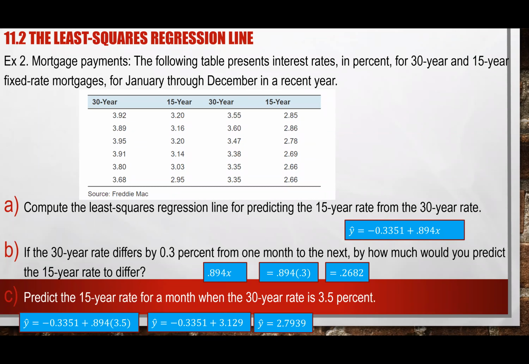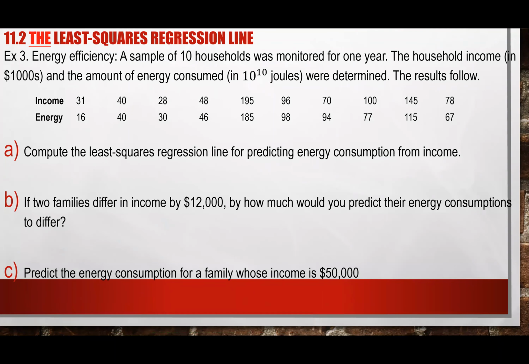So first of all, the question with this particular problem in terms of part A, part B, and part C. Well, let's try one more. Say they give you this: a sample of 10 households will be monitored for 1 year. The household income is in thousands of dollars, so again, the unit of the income is in thousands.